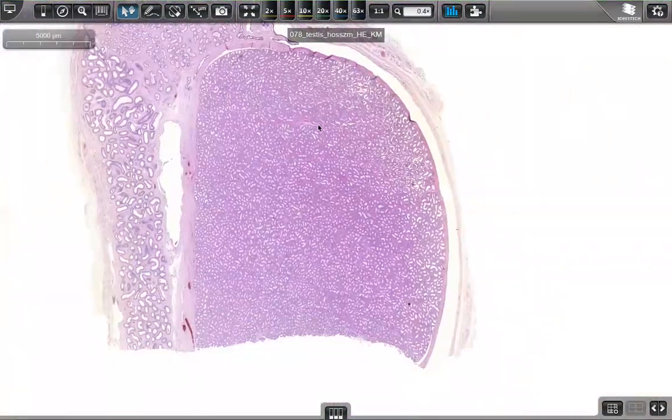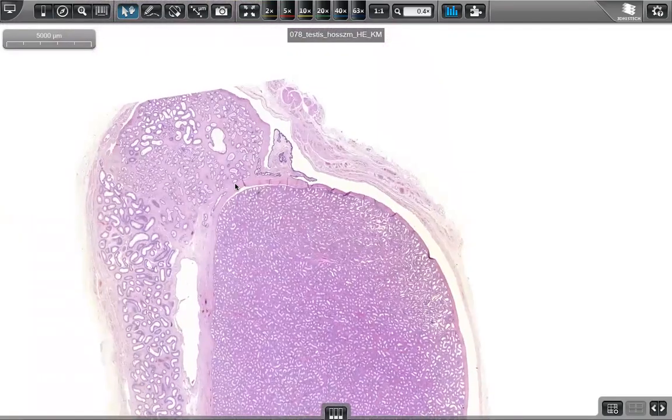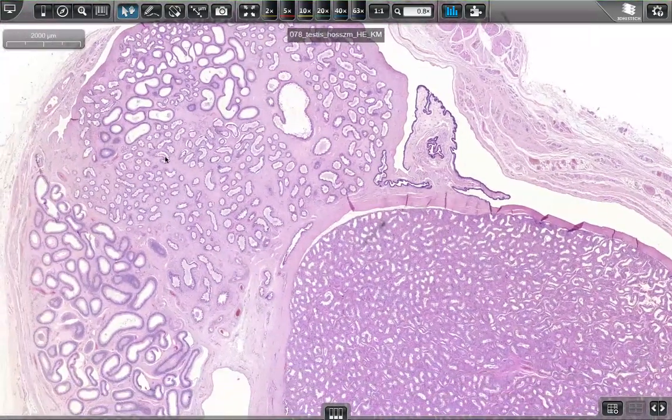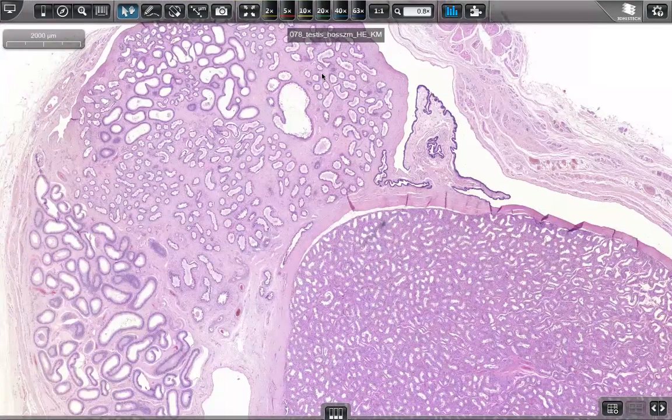There is another thing, we cannot see the medial side on this section. I mean the rete testis and neither the mediastinum, but what we can see are the tubules. These tubules, the small lumens, indicate the efferent tubules. So these are the connection between the testis and epididymis.